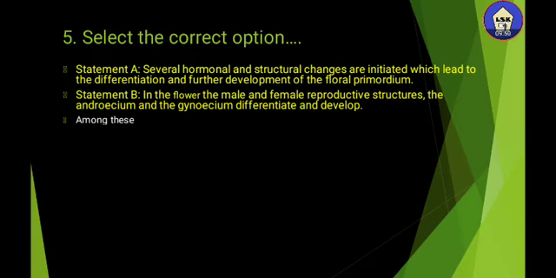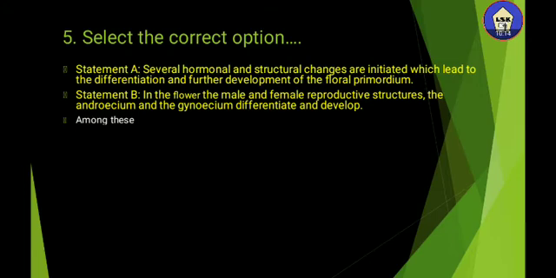Now the question number 5. Select the correct option. Statement A. Several hormonal and structural changes are initiated which lead to the differentiation and further development of the floral primordium. Statement B. In the flower, the male and female reproductive structures, the androecium and the gynoecium, differentiate and develop.